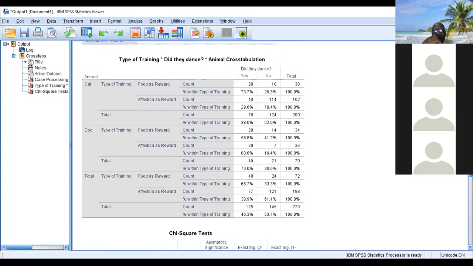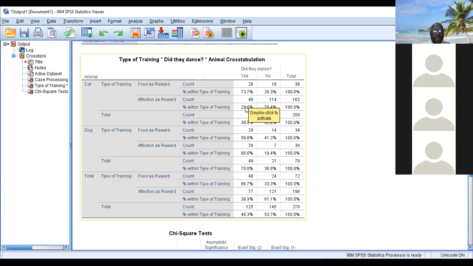We will look at the percentages. Look at cat: food as reward and affection as reward. If you look at which proportion dances more, with cat, food as reward is 73.7% dance, affection as reward 29.6% dance.